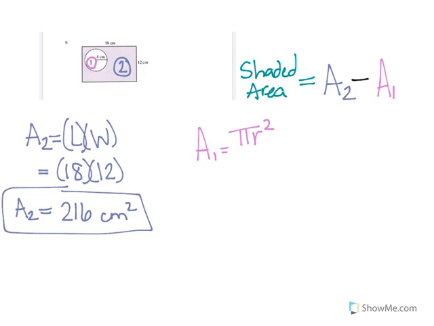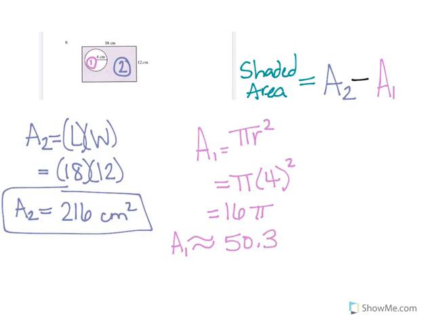We know that the radius of this circle is 4, so we have pi times 4 squared, so 16 times pi, which would give us a rounded answer of 50.3 if I round to the nearest tenth square centimeters. We'll box that in.